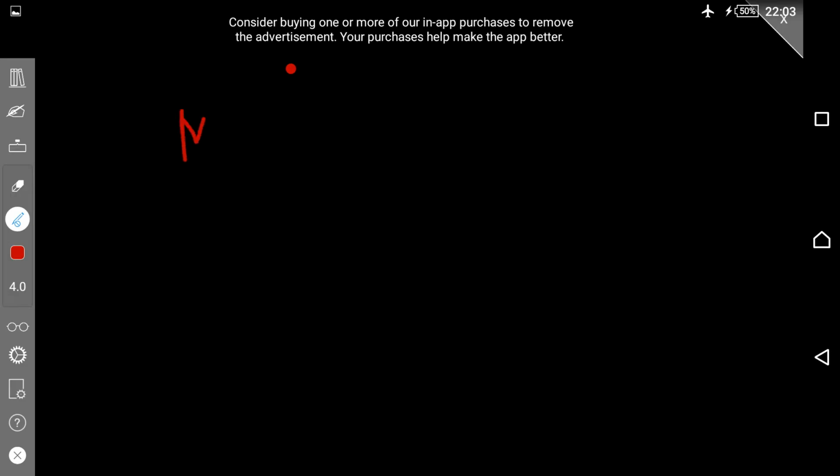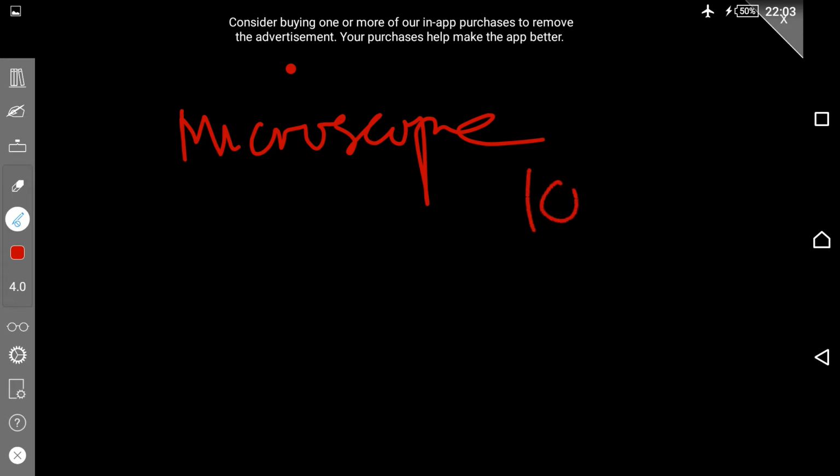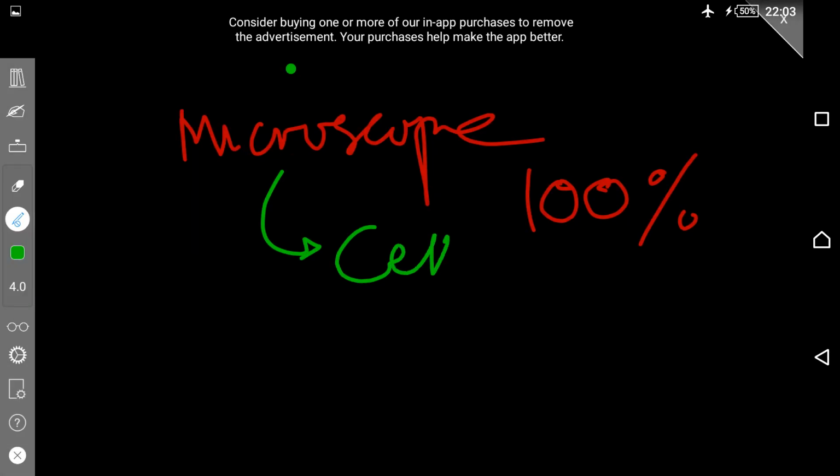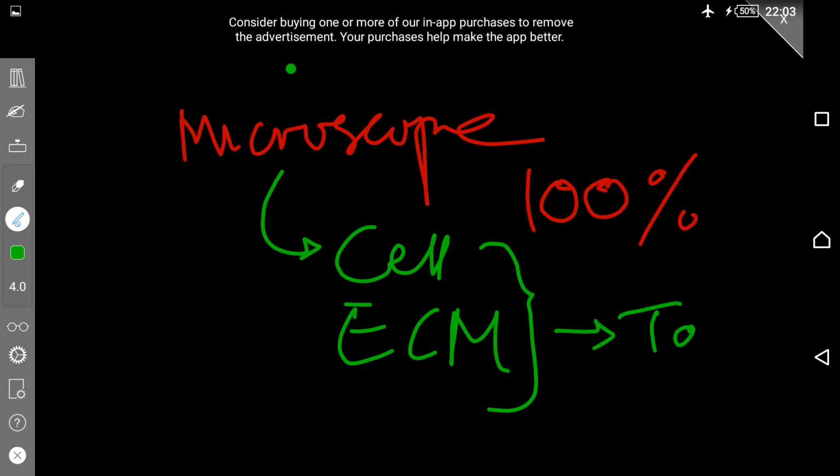Therefore, microscope is a tool that is somehow near 100% needed to study the tissue through histological studies and histological research, because the cells and also the extracellular matrix that are together forming the tissues are too small to be seen with naked eyes.